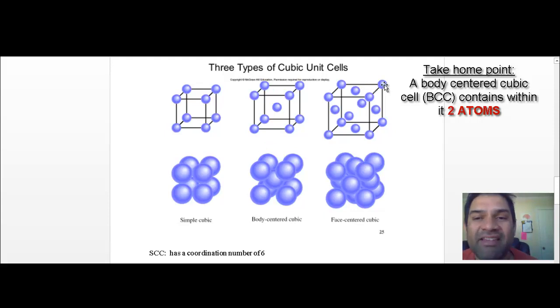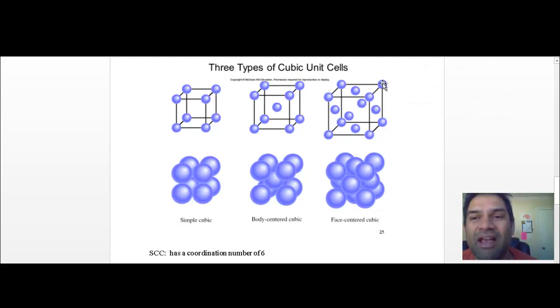Now in a face-centered cubic, the atoms in the unit cell are shared at the corner. So that's 1/8 of an atom inside this cube. But then you have atoms on the faces: the front face, back face, left face, right face, and so on. All of them have atoms. Now, this atom at the center of this face is 50% shared with this unit cell and 50% shared with the unit cell on the left.